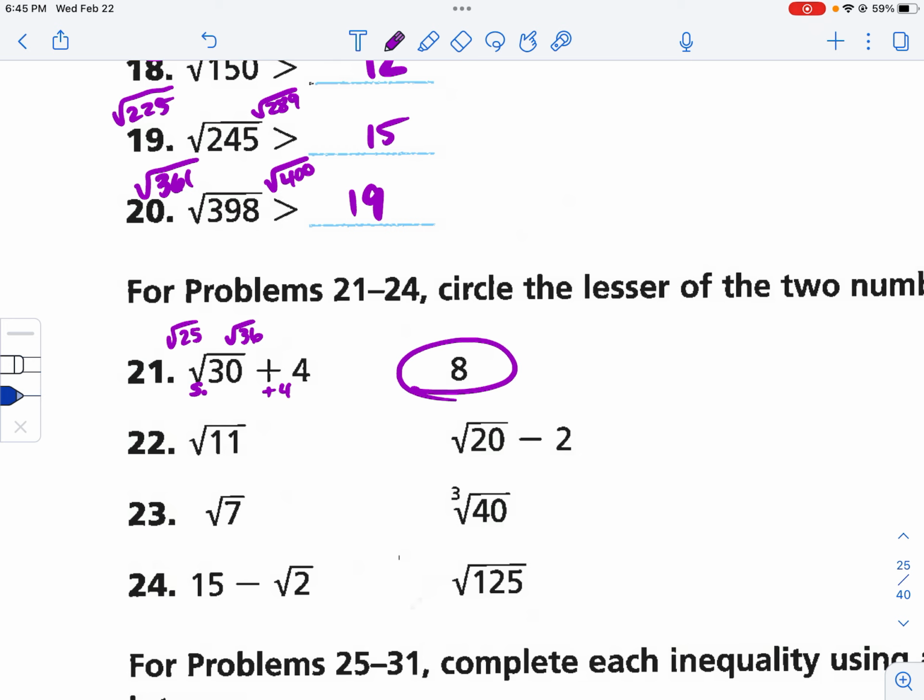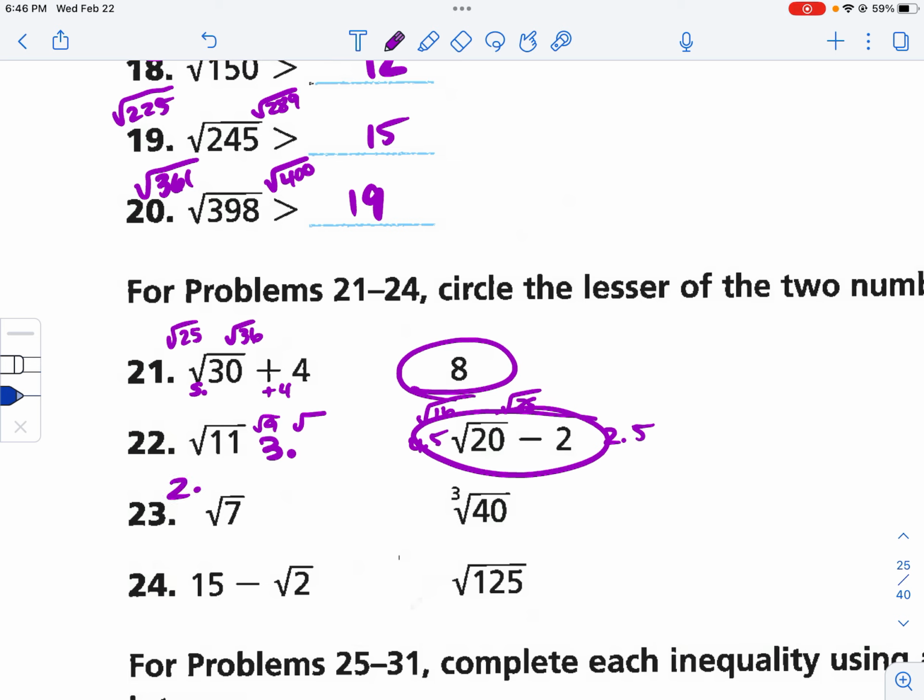So square root of 11 will be between the square root of 9 and the square root of 16. So it's going to be 3 point something. This will be between the square root of 16 and the square root of 25. So about 4.5-ish minus 2, that gets 2.5. So this is the smaller.